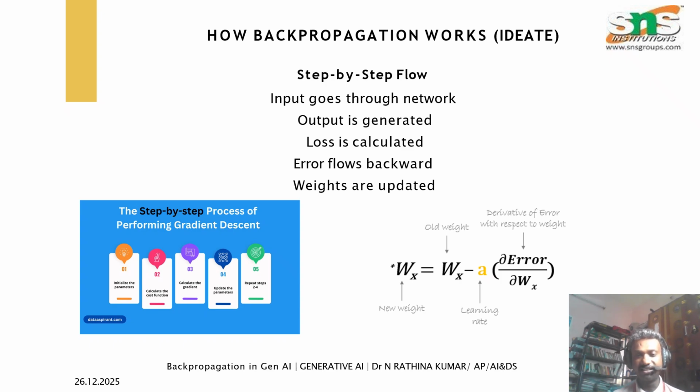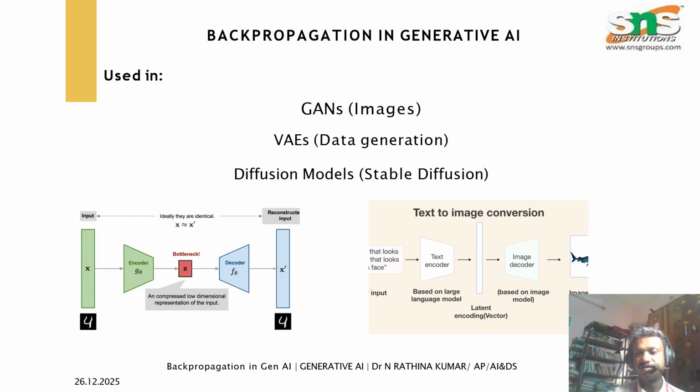The third one is automated learning. It enables networks to learn complex patterns by correcting mistakes iteratively, which means repeatedly. So again and again we correct the mistakes, then automatically it improves. Another thing is, what is the importance in AI? How is backpropagation used in AI?